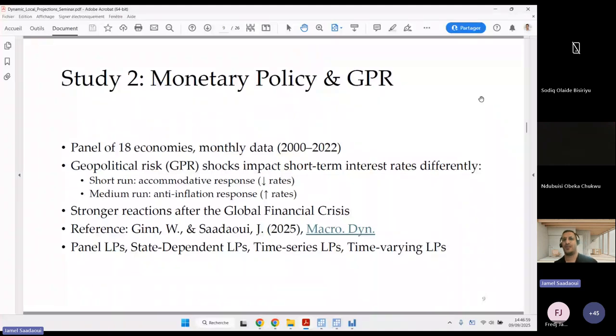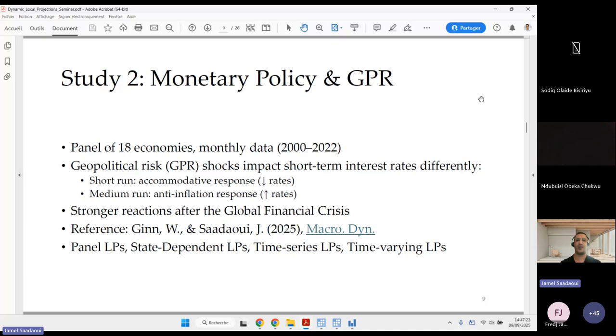But in the medium run, the central bank may feel that the second-round inflation has stimulated demand a bit too much, and then you have an increase of the interest rate. And what we discover is that the reaction is stronger after the global financial crisis.